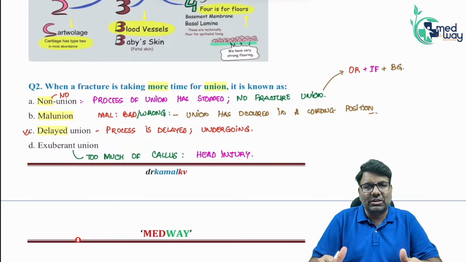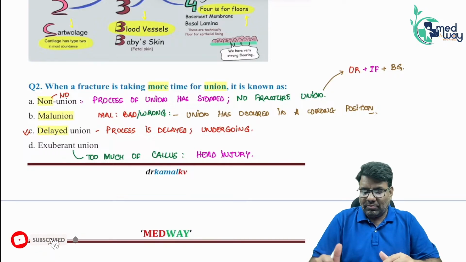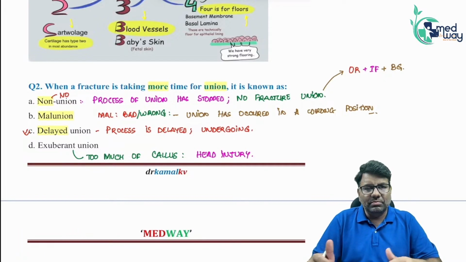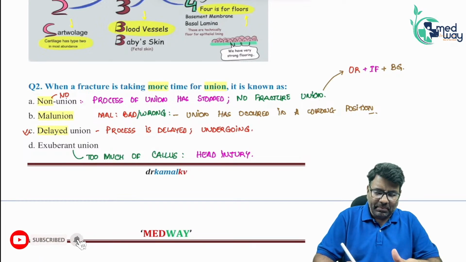So we have to open up the fracture site, we have to refresh the fracture ends, we need to do a rigid internal fixation, and then we need to put some cancellous bony chips usually taken from the iliac crest. So that is the treatment of non-union.